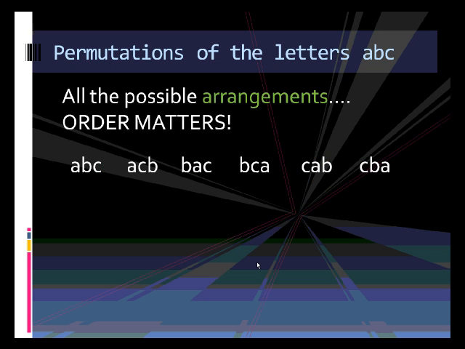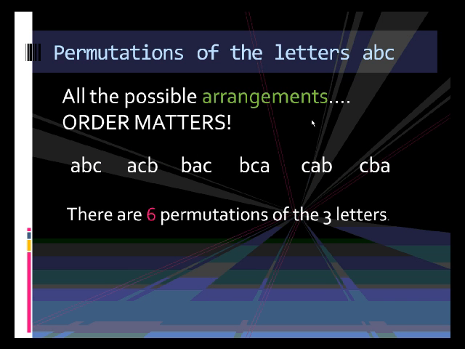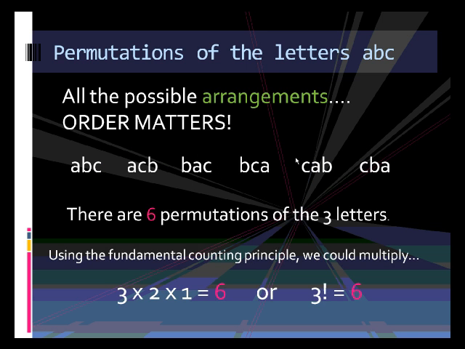How many are there? 6. How could we have found that using the fundamental counting principle from yesterday? Okay, and what do we call that? 3 factorial. 3 times 2 times 1. Okay? 6 permutations of the 3 letters, and we could get that by doing 3 times 2 times 1 or 3 factorial.